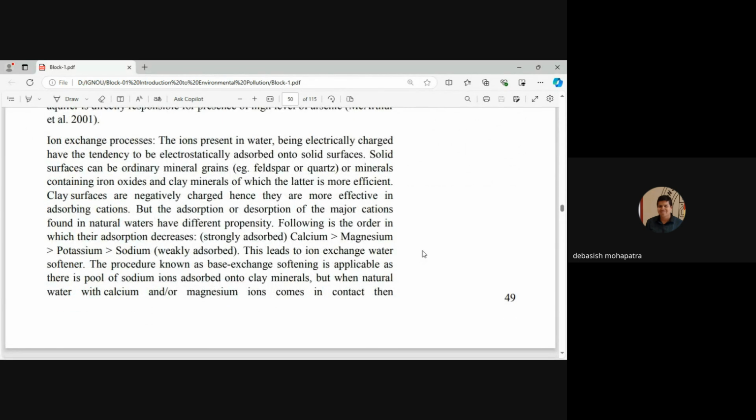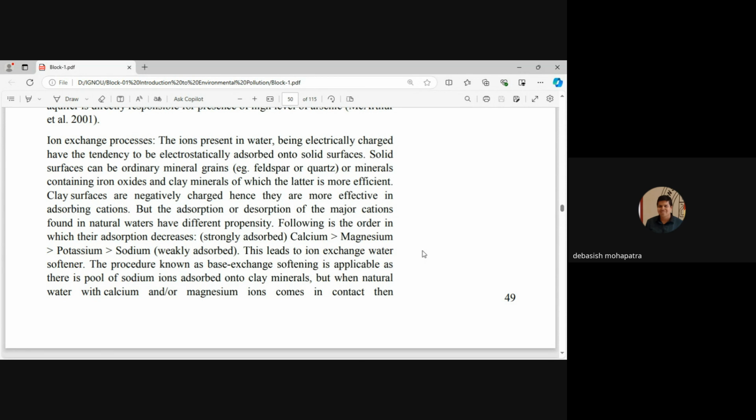Ion exchange processes: the ions present in the water, being electrically charged, have the tendency to be electrostatically adsorbed onto solid surfaces. Solid surfaces can be ordinary mineral grain, for example feldspar and quartz, or mineral containing iron oxide and clay minerals, of which the latter is more efficient.